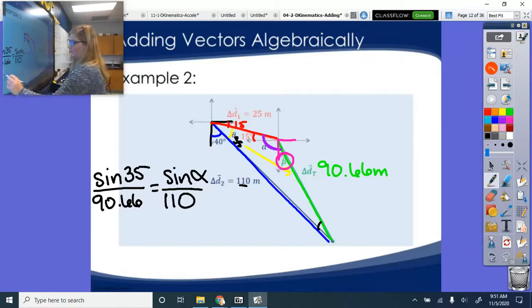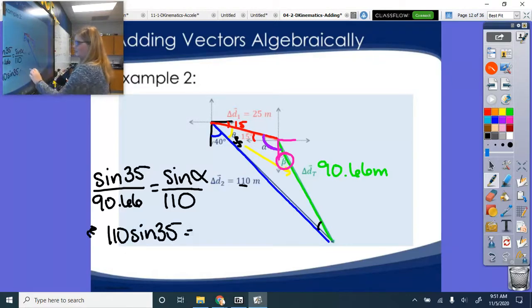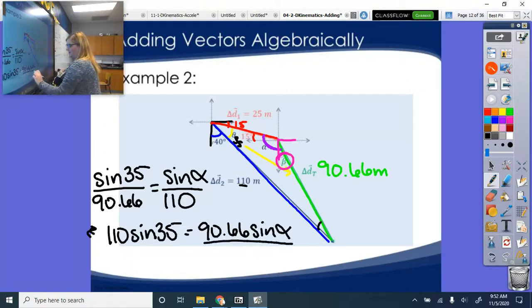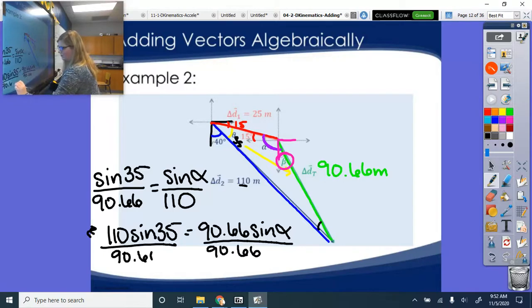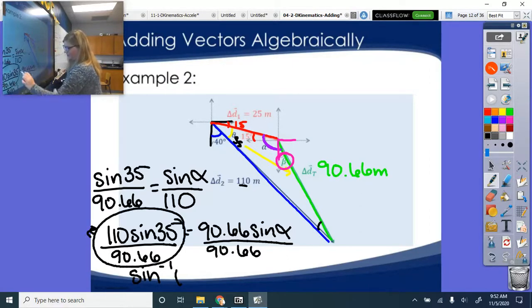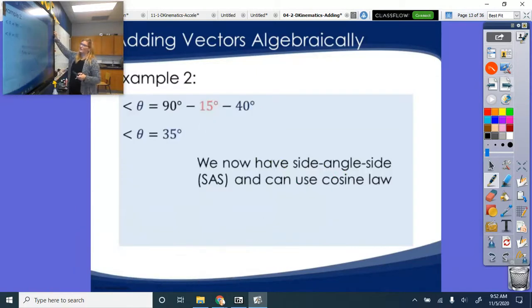You can cross multiply and get 110 sine of 35 equals 90.66 sine of alpha. Divide both sides by 90.66, and then I would take the inverse sine of this whole expression. Sorry, I ran out of room. I can't rewrite it. That's going to give me what my angle alpha is. So I'm just going to jump ahead to where that's written out much nicer.